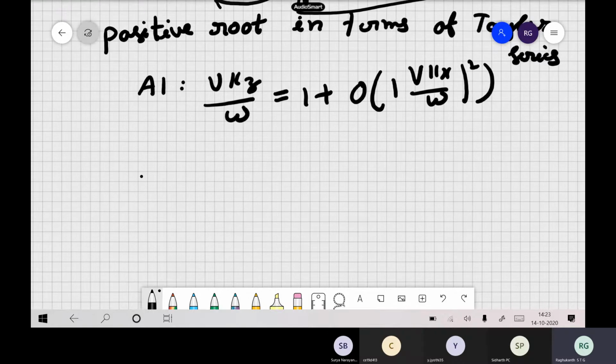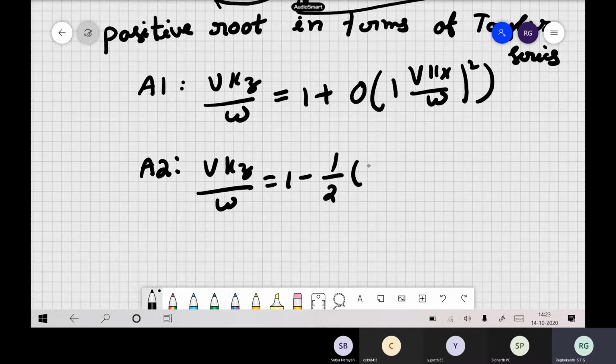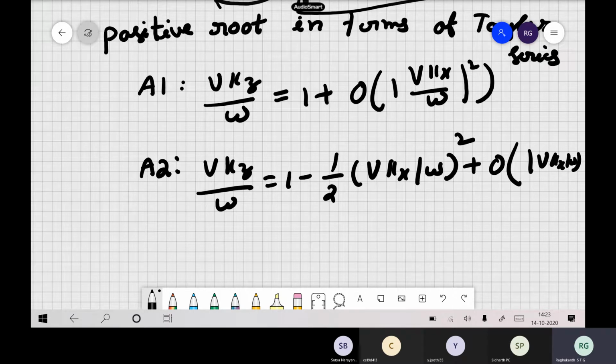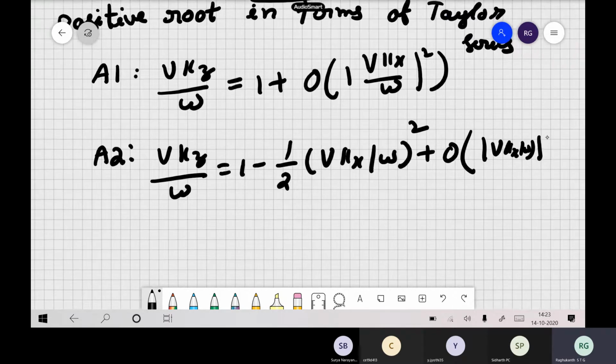Now if we include the next term in the Taylor series for the square root expansion, we have v kz by w equal to 1 minus half v kx by w whole square, plus order v kx by omega to the power of 4.